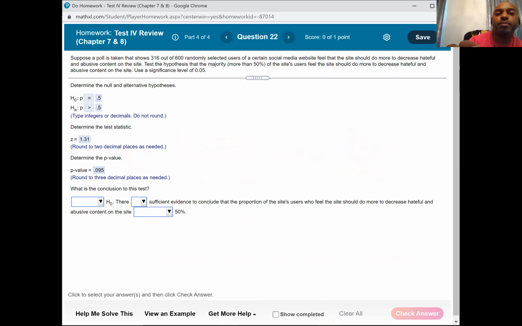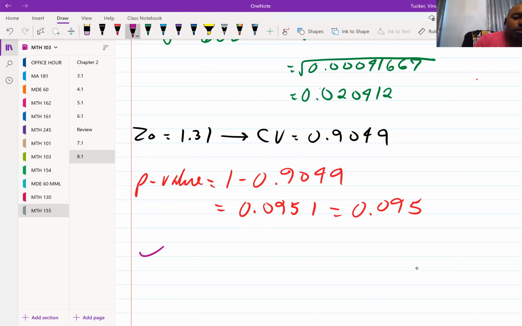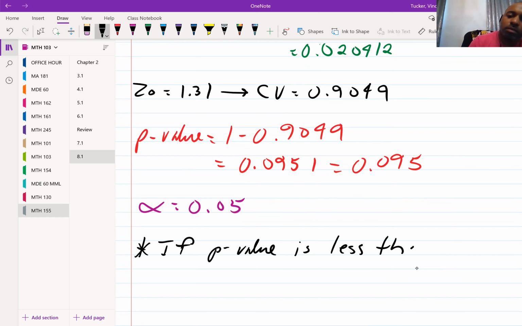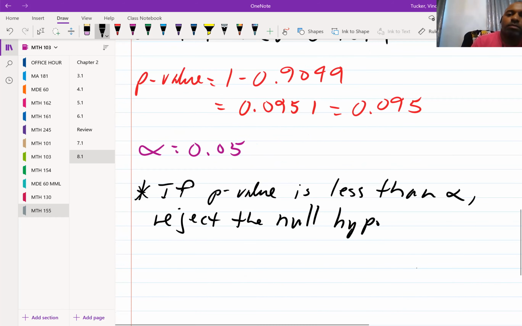Once again, the problem gave us that. All right, so we have our comparison here.